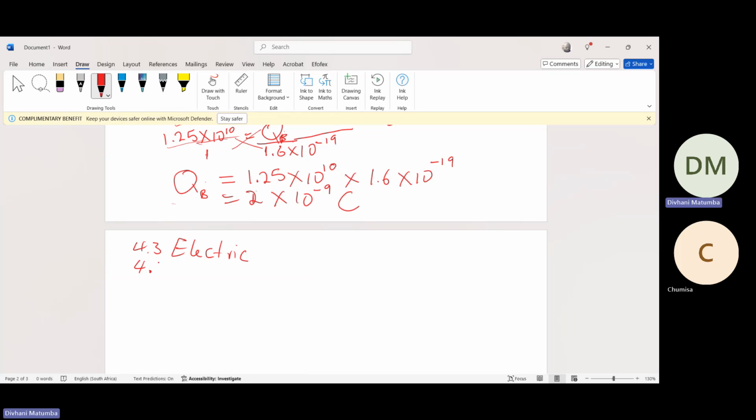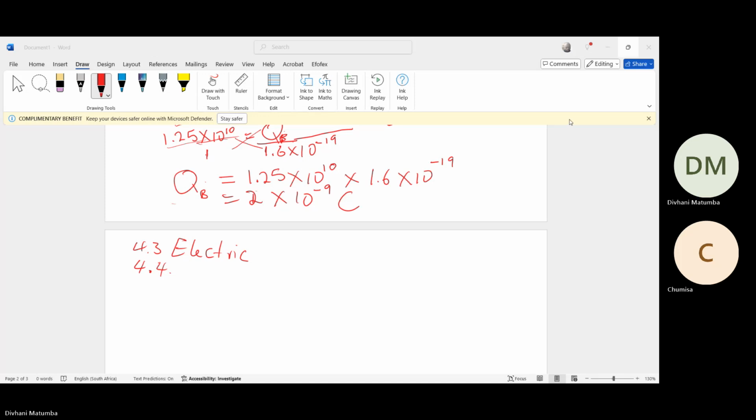Okay, let me ask you, what is a current? The flow of charges inside a conductor over a specific time. What is a conductor? A conductor is any material that allows for the movement of charges inside it.